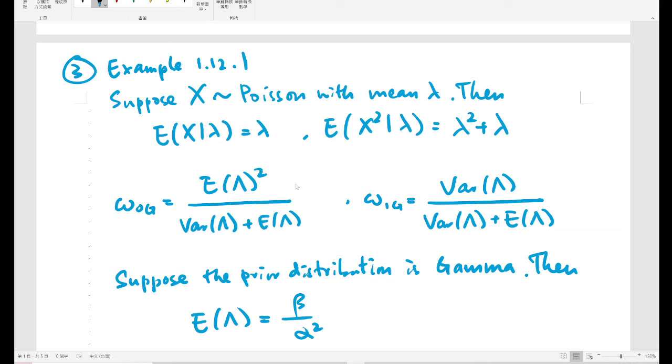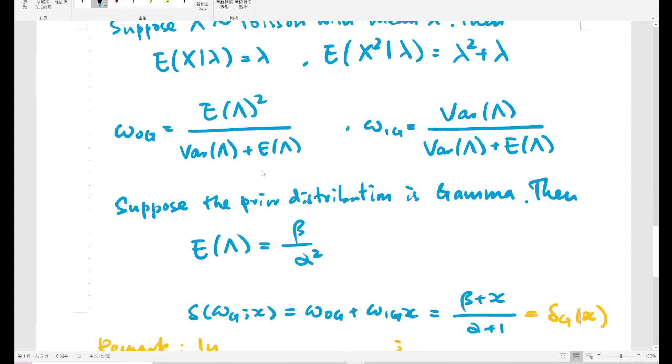Then by direct substitution, omega 0 and omega 1 for a given prior distribution are given by these two formulas.